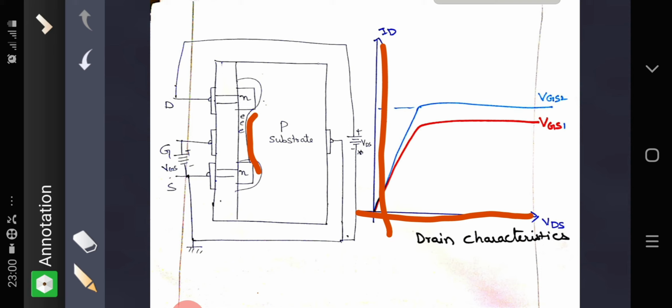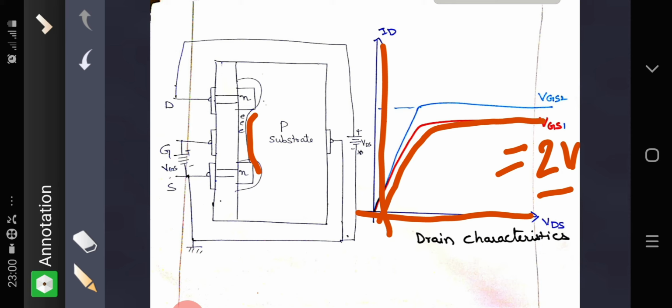Let us say VGS is equal to 2 volts, assuming this is above the threshold voltage. A channel will be present and current will start flowing. Electrons will move from source to drain, and because of the flow of electrons there will be a current flowing in the drain. Let us say this is the graph we got.